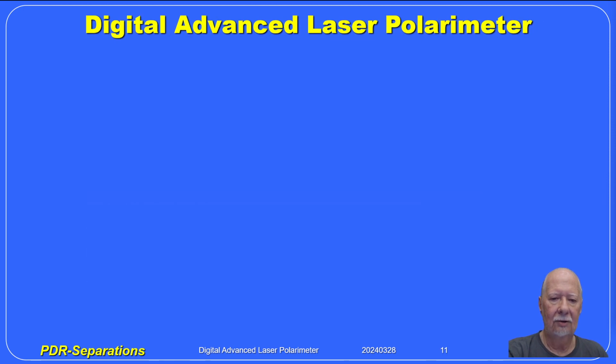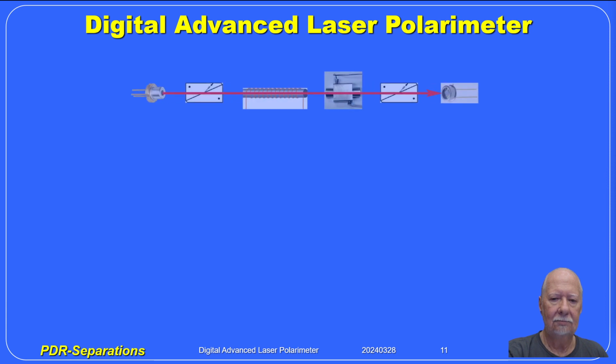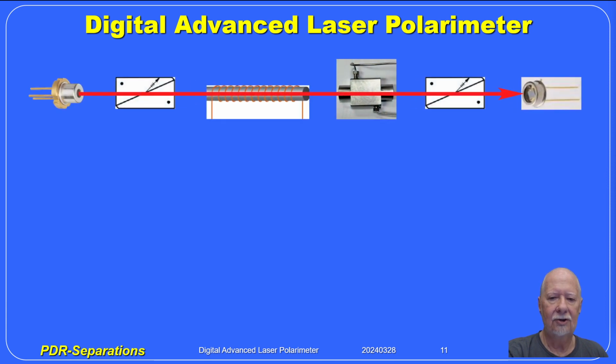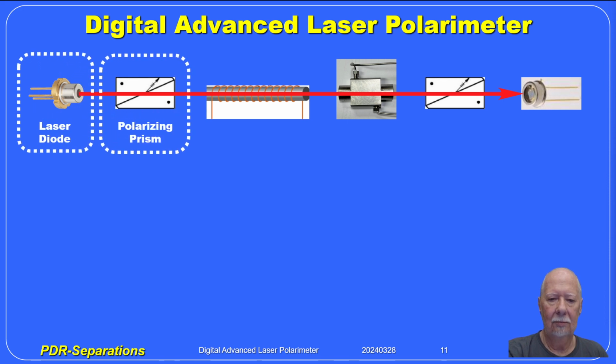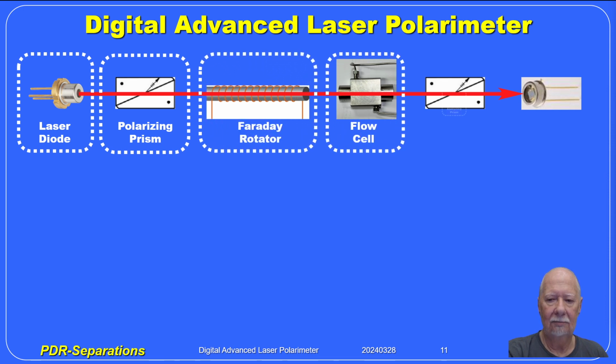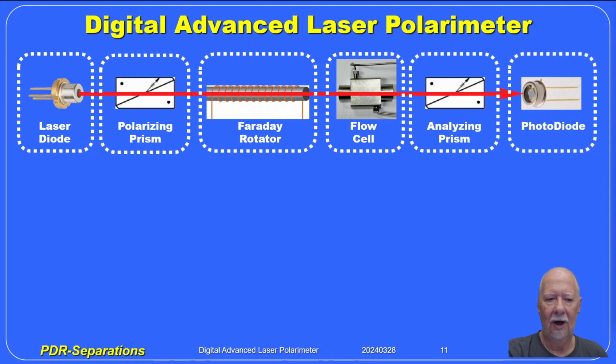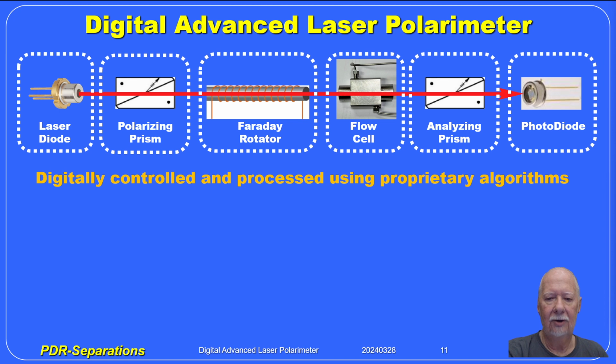Digital Advanced Laser Polarimeter. What is it? Here is a cartoon. Laser diode, polarizing prism, Faraday rotator, flow cell, analyzing prism, photodiode, all digitally controlled and processed using our proprietary algorithms.